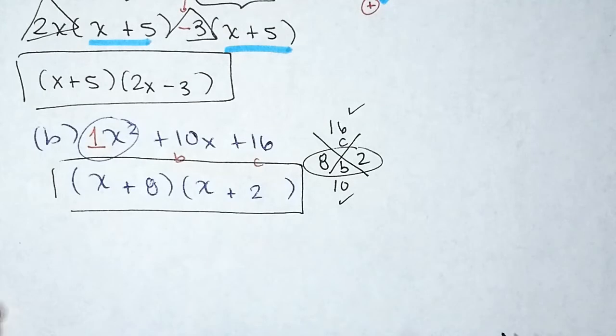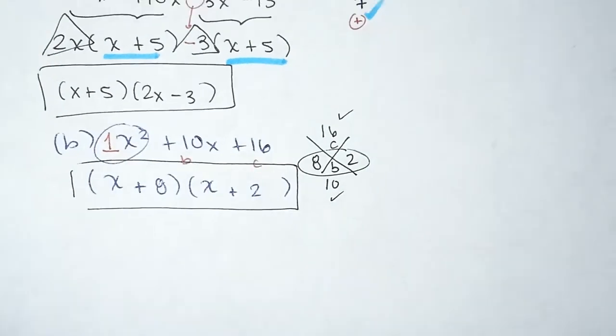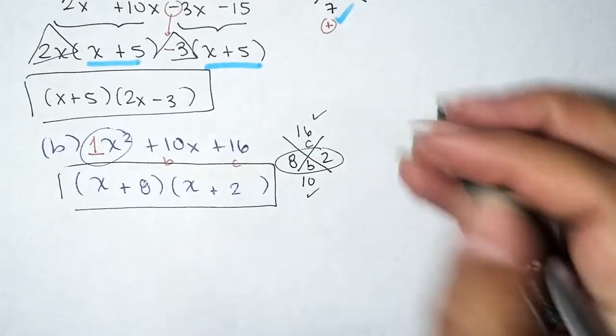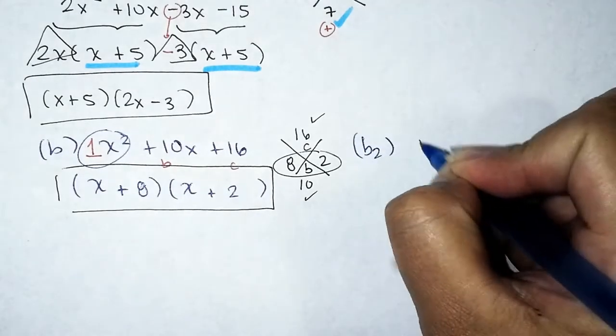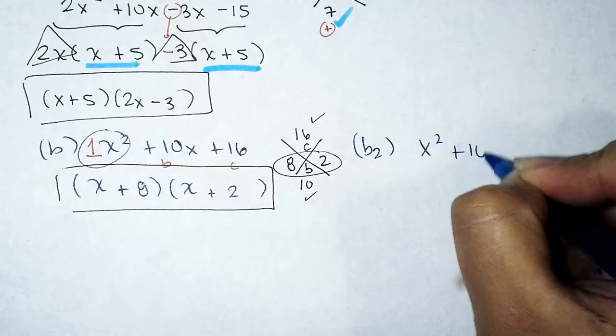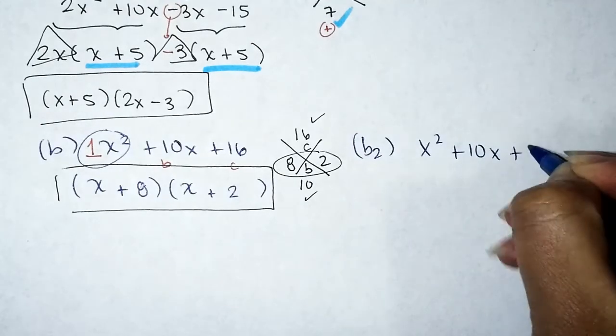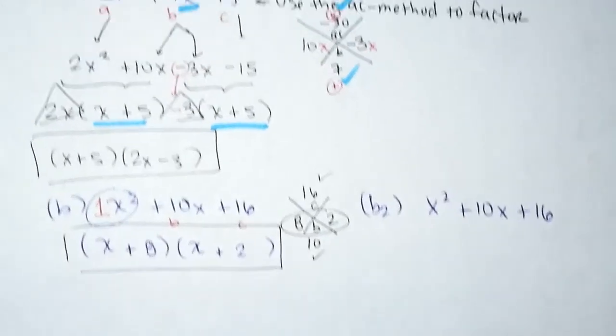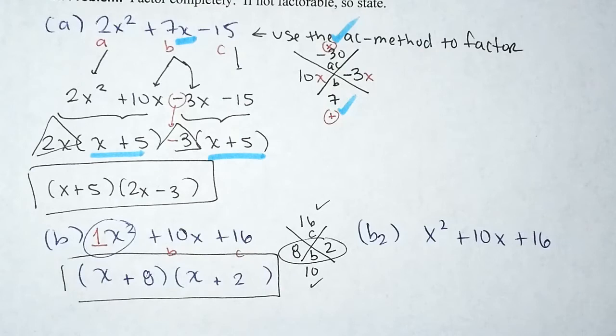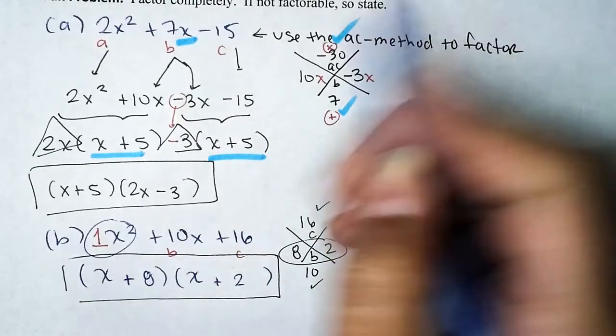Cool. Now, can we do this problem again by using the AC method? Sure. The only reason why we're doing this problem again is because one of the questions is, what is it that I have to use the AC method? Well, check it out. You can use the AC method to factor any trinomial.